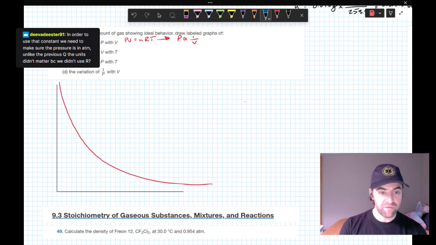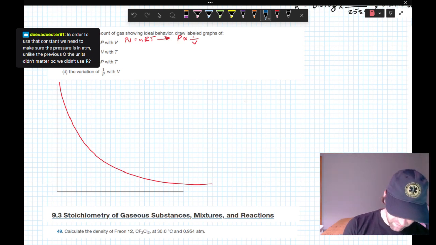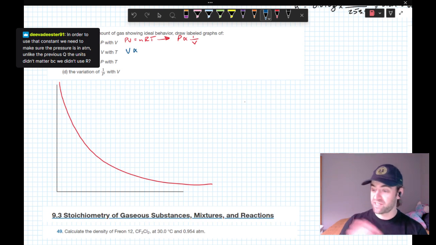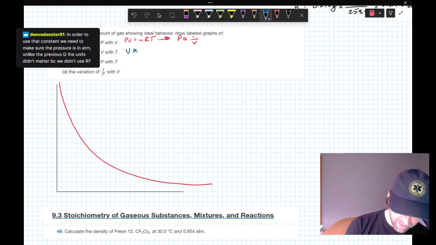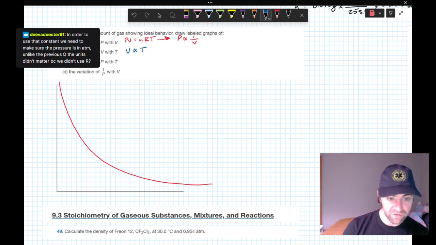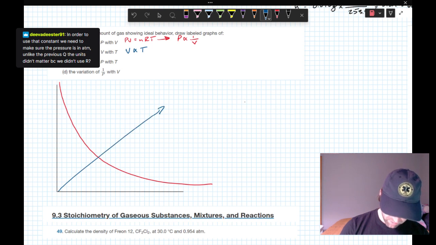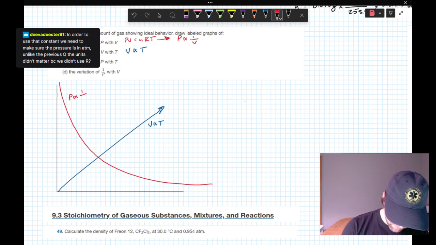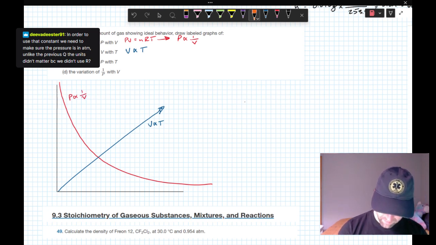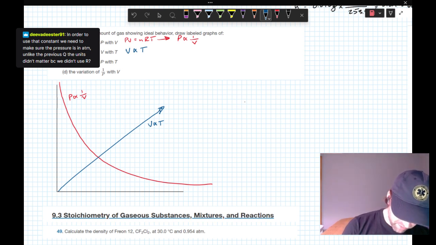And the variation of volume and temperature. They're on opposite sides of that ideal gas equation, so V is directly proportionate to T. So our graph will look a little bit more like this. I'll label them. This was inverse V, orange. Variation of, actually, we'll do this the same color.